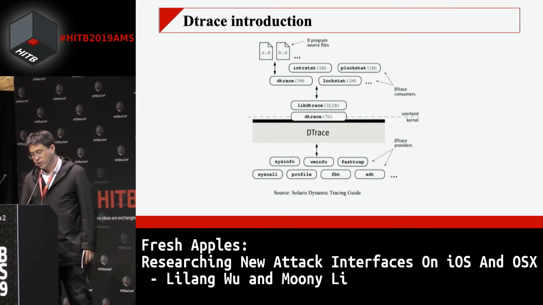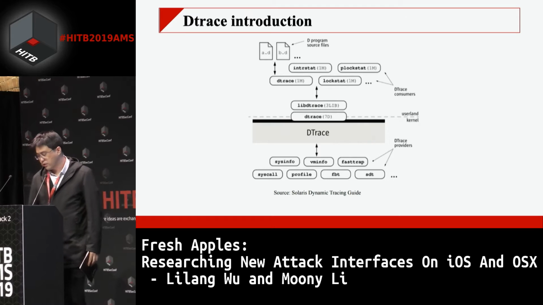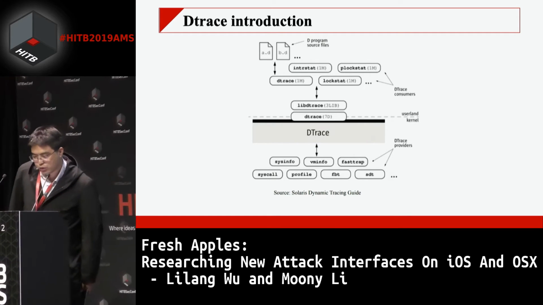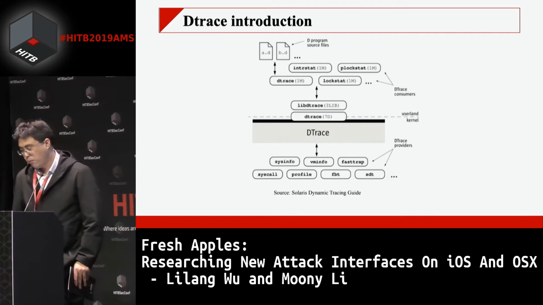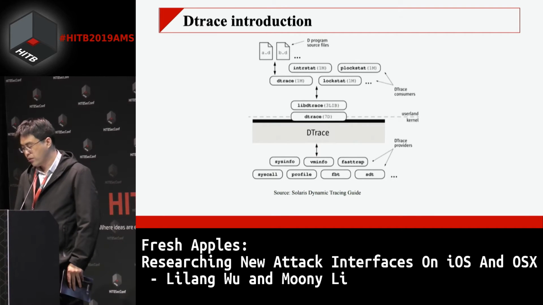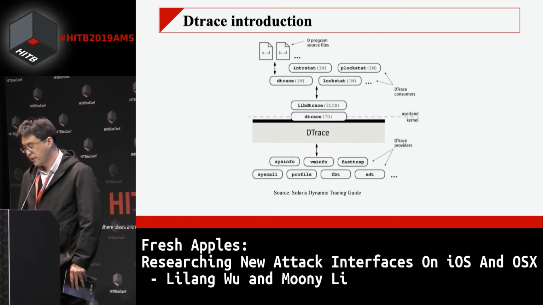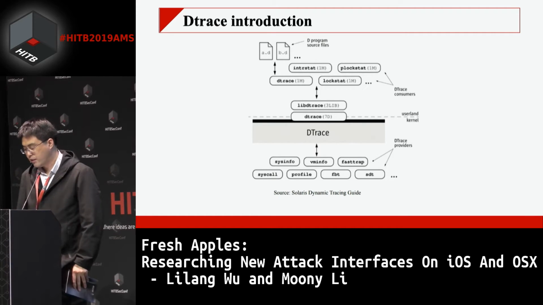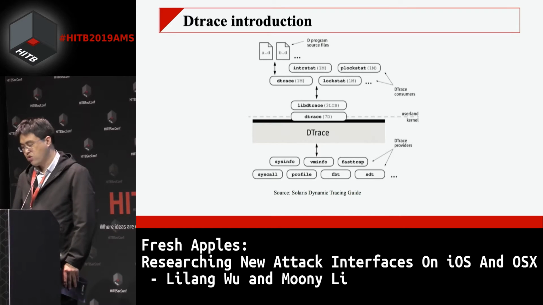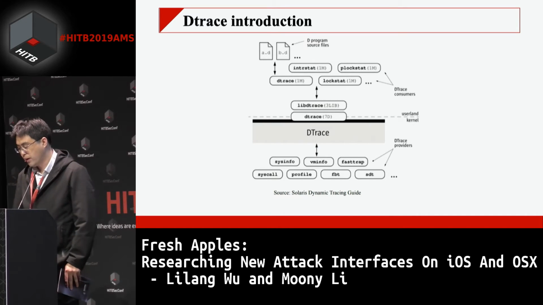Another kind of dynamic trace analysis is DTrace, which is embedded in the OSX kernel. DTrace is one of the best tracing designs with high performance and usability in Unix-like systems, including OSX. Sadly, DTrace is not officially supported on iOS real devices.